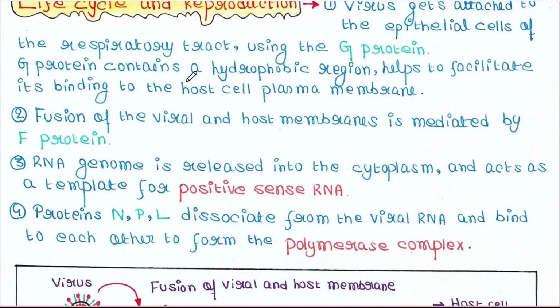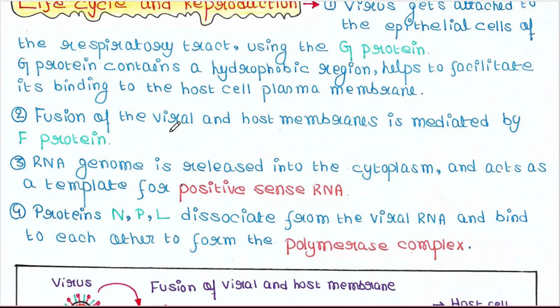The G protein contains a hydrophobic region that helps to facilitate its binding to the host cell plasma membrane. Why? Since the plasma membrane is also hydrophobic, since it has the lipid bilayer. So this G protein helps in this binding.